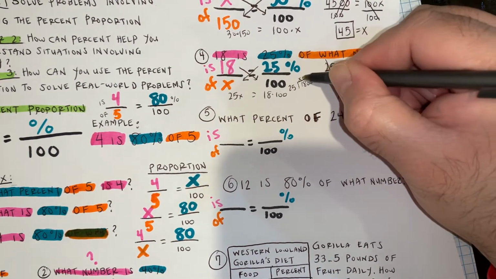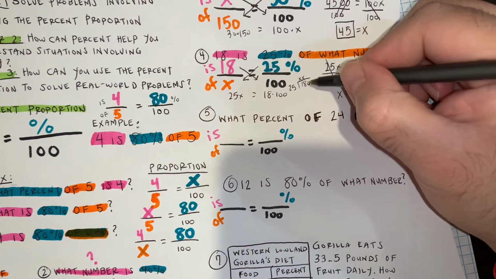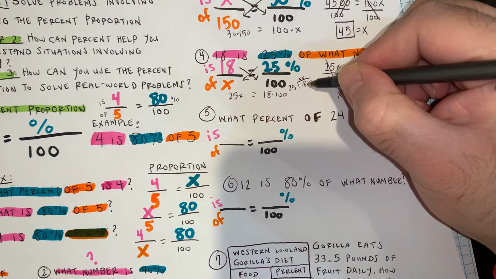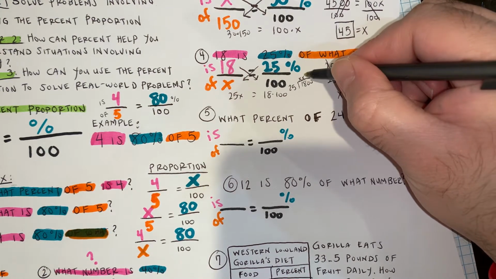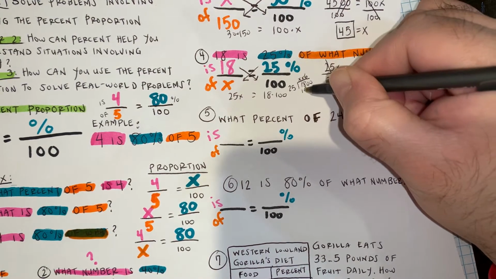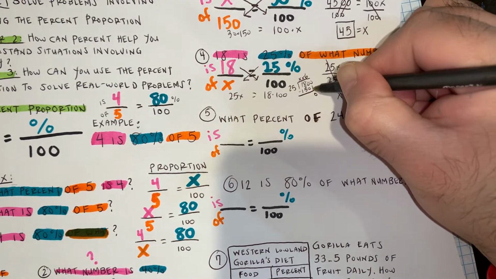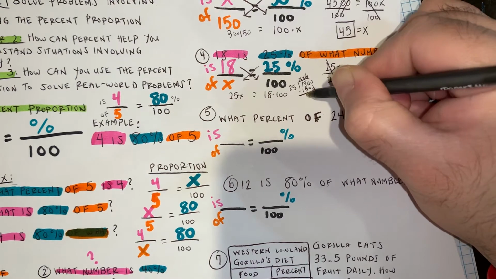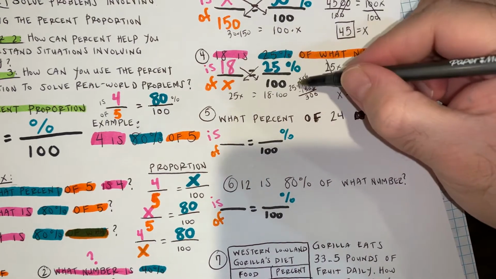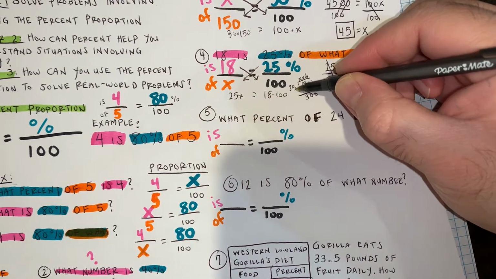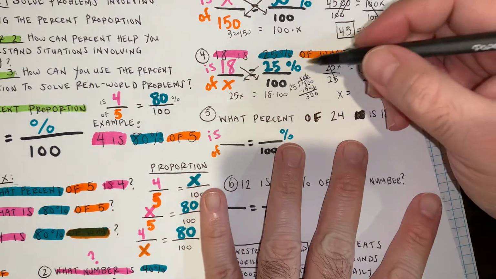25 doesn't go into 1, doesn't go into 18. It goes into 180 6 times. It gives you 150, subtract, 300. It goes into 100 4 times.